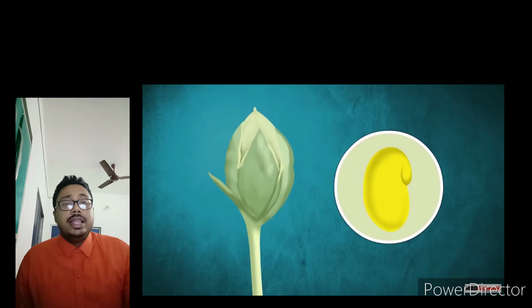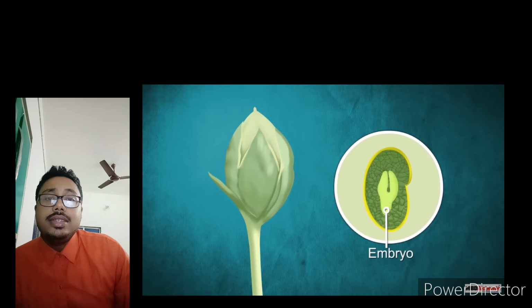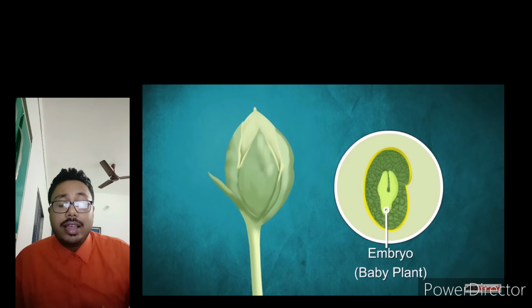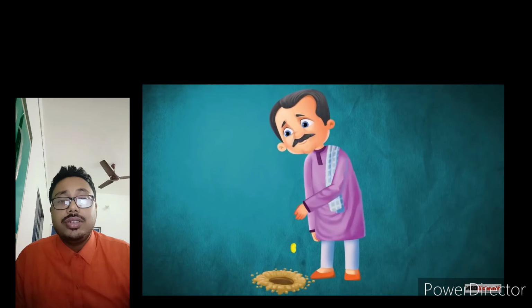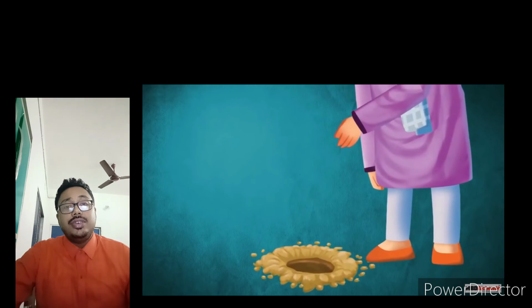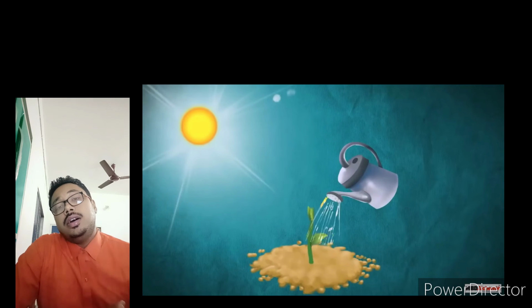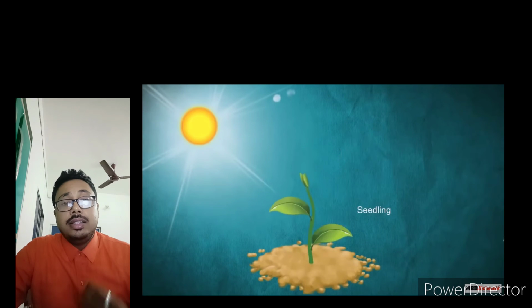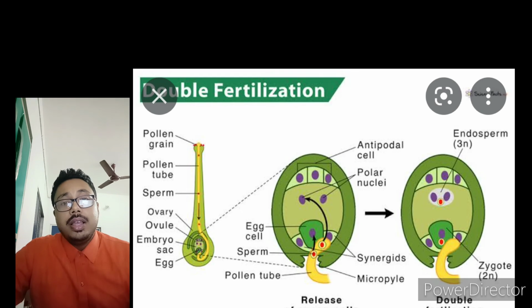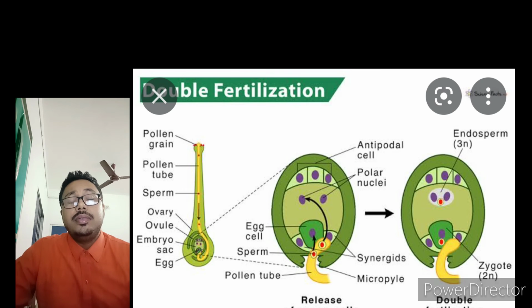So this type of fertilization is known as double fertilization. The polar nuclei, after fusion with the germ cell, develop into endosperm, which provides nutrition to the developing embryo.